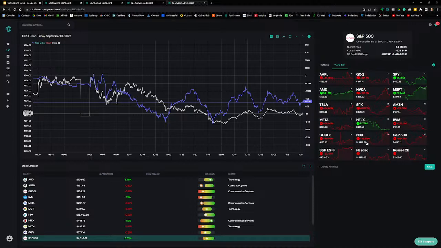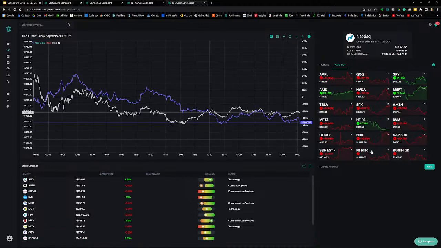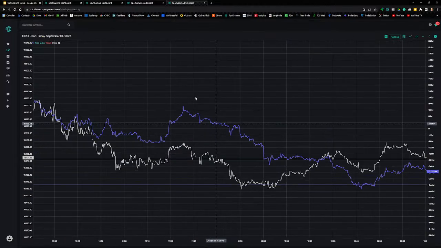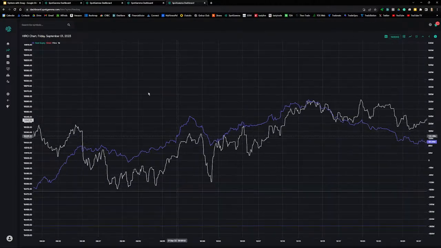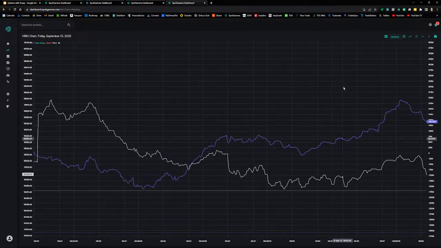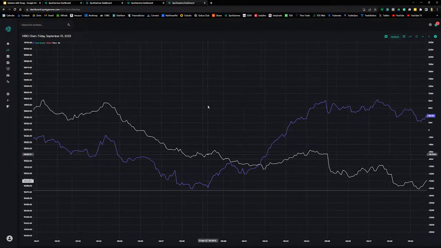All right, let's take a look at NASDAQ. I'm going to take a look at a combined signal here. Zoom in right to the open. So assume you're looking at this just at the open.